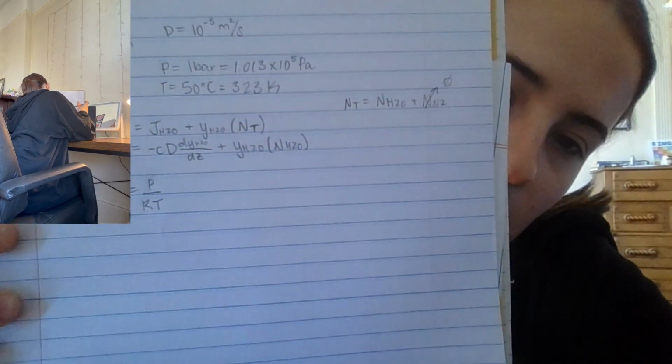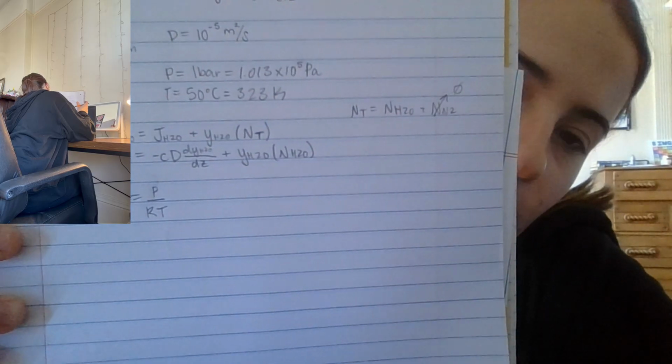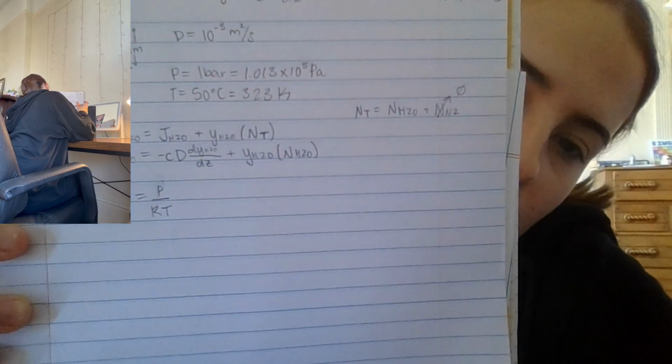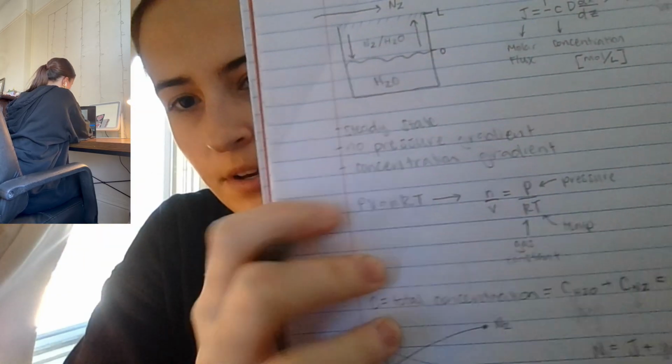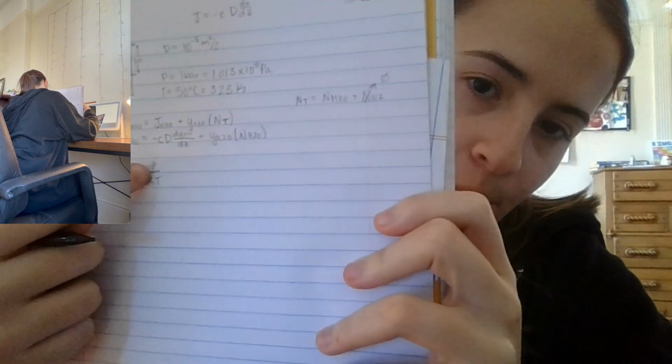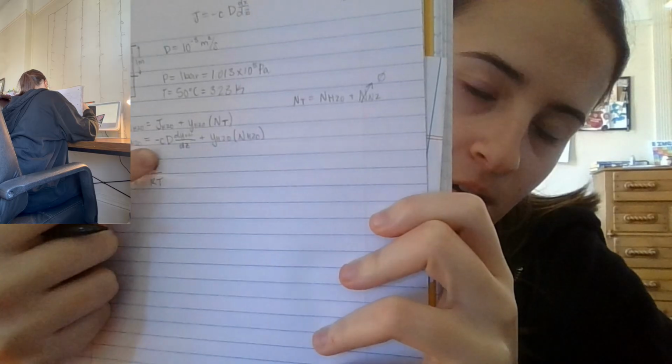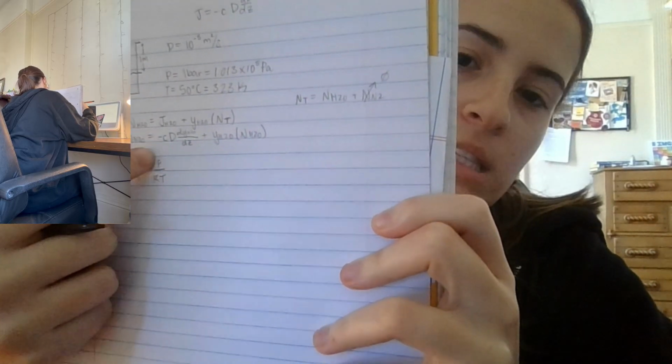So I've just rewritten that here. Concentration is in units of moles over liter, which is N over V. So that's just what I had written over here, again, written here now. So we can plug this in for this concentration once again.